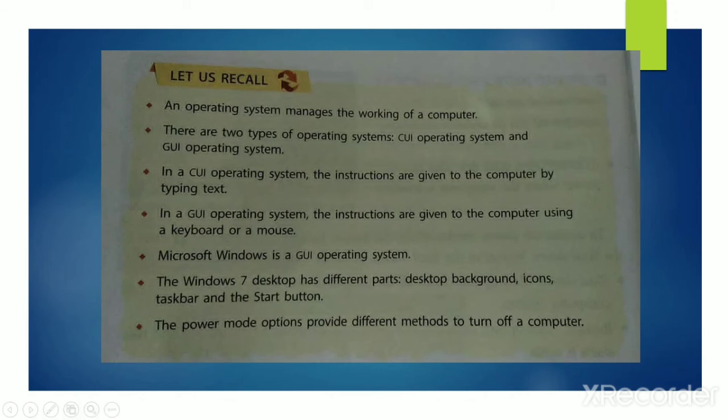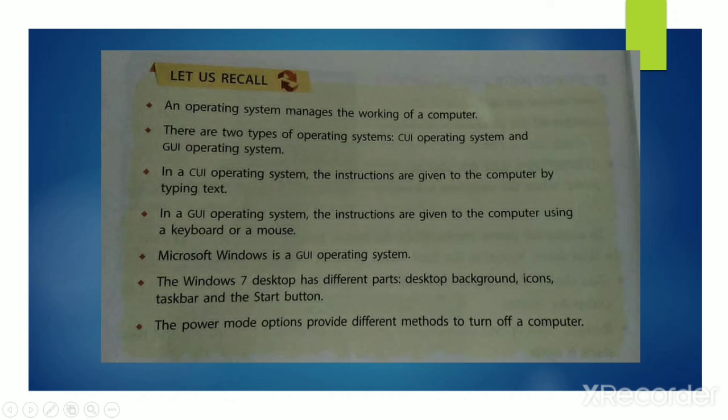Now let's recall, this is very important. An operating system manages the working of a computer. There are two types of operating system, CUI operating system and GUI operating system. In a CUI operating system, the instructions are given to the computer by typing text, and in a GUI operating system, the instructions are given to the computer using a keyboard or a mouse.